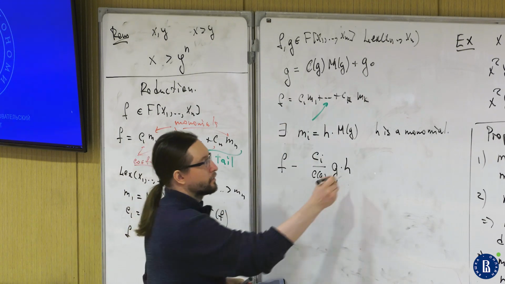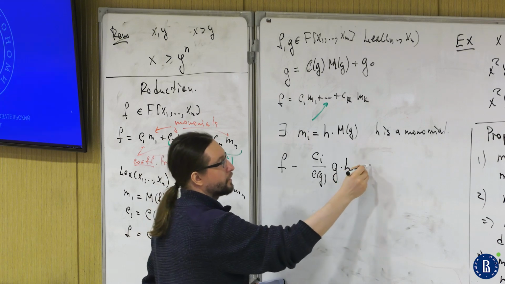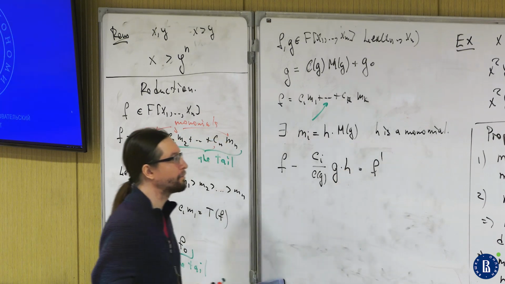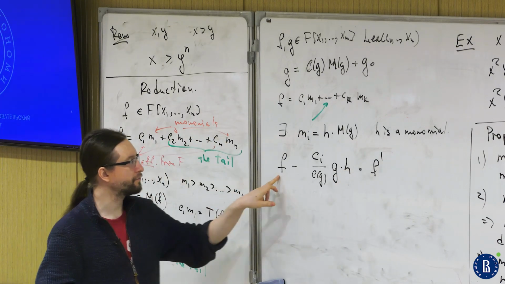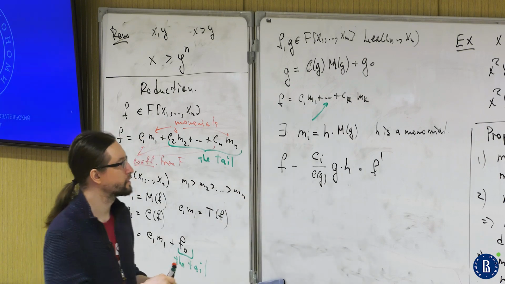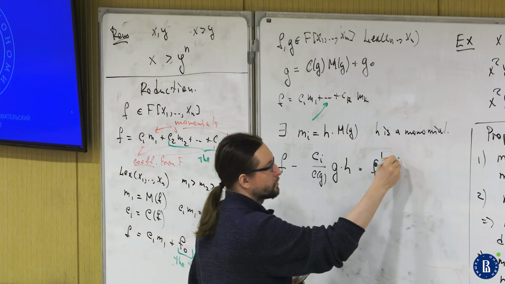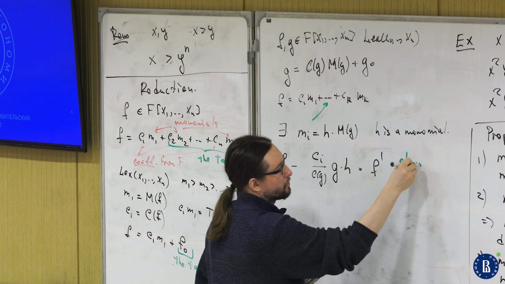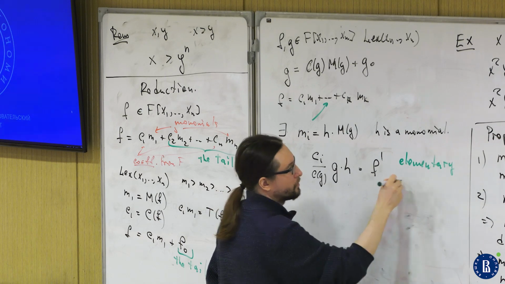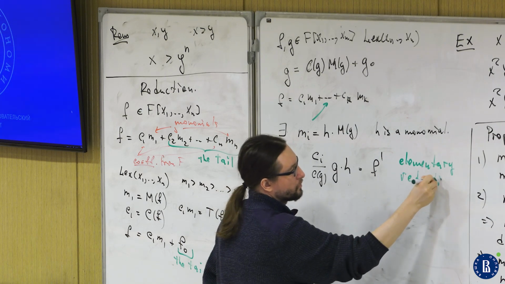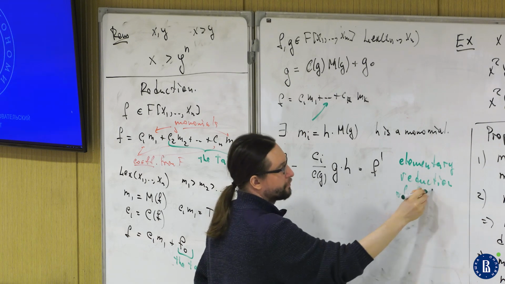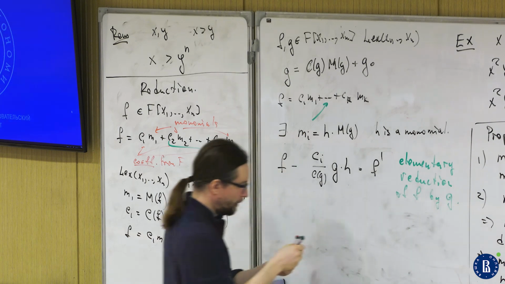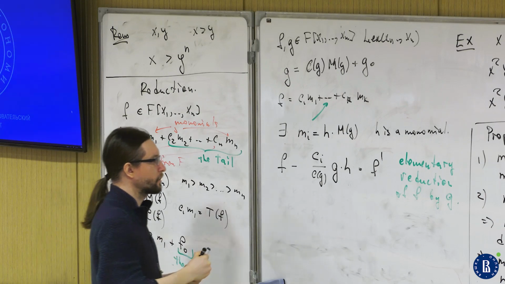So this thing is called the elementary reduction of f by g. And the notation is the following.